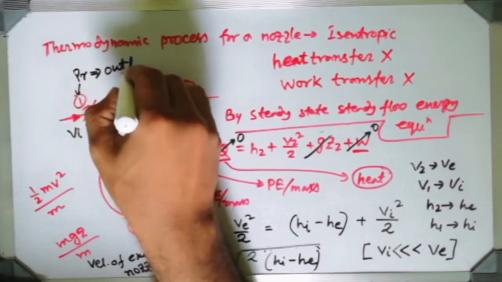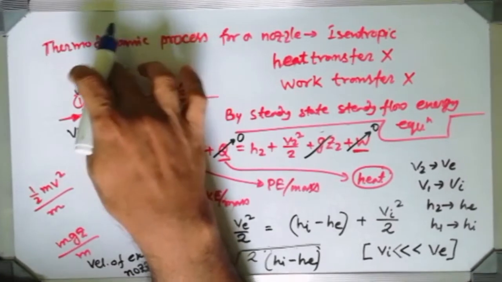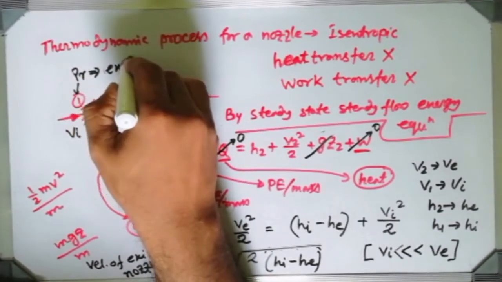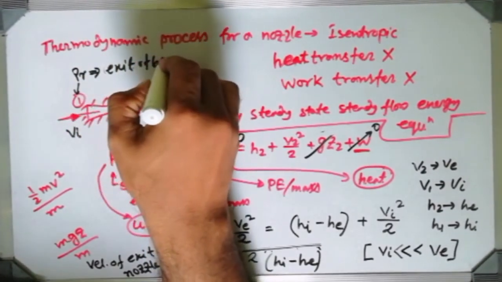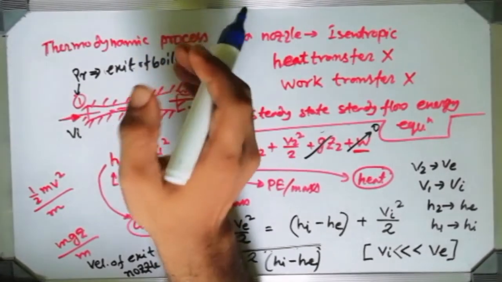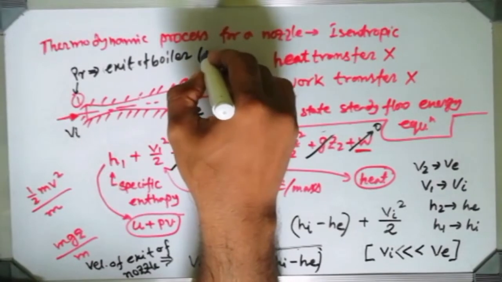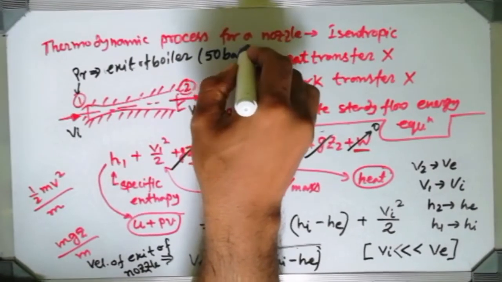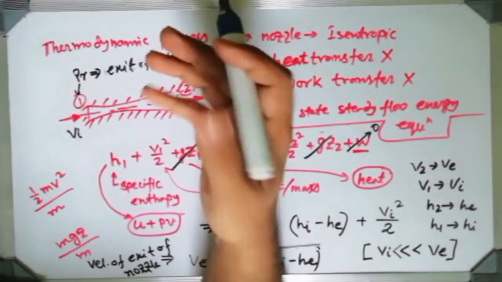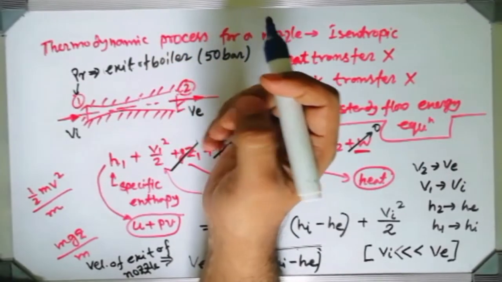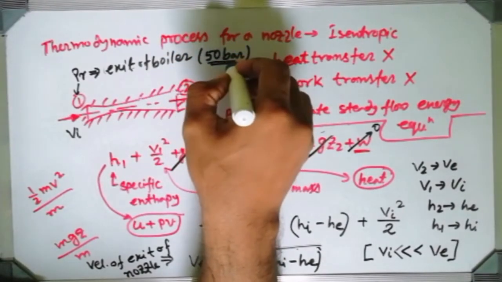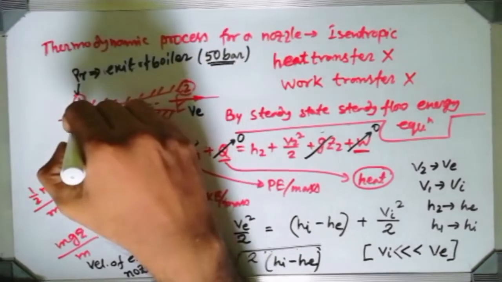So the boiler, suppose it is producing steam at 50 bar, that is the pressure of the steam generated inside the boiler drum. Then that pressure steam will be fed to the nozzle itself.